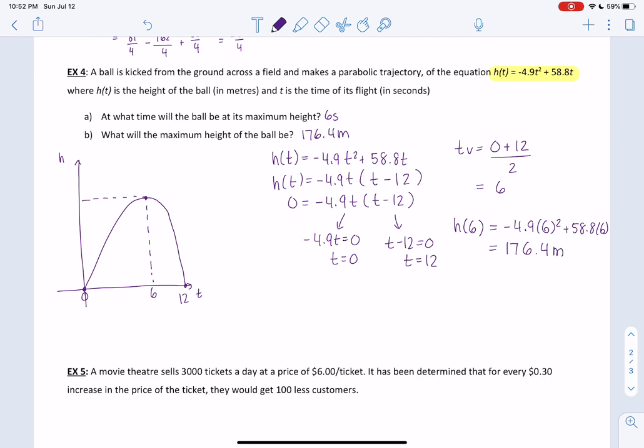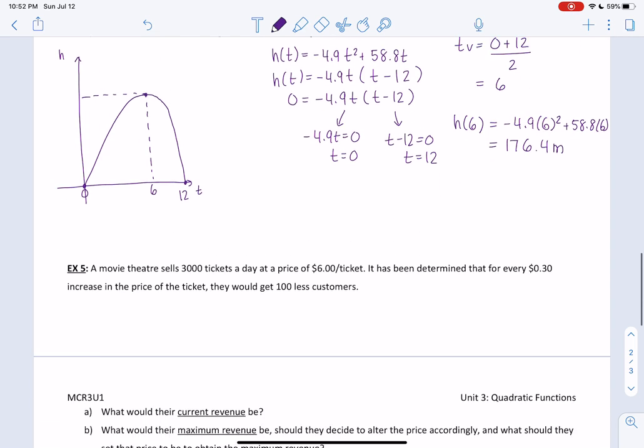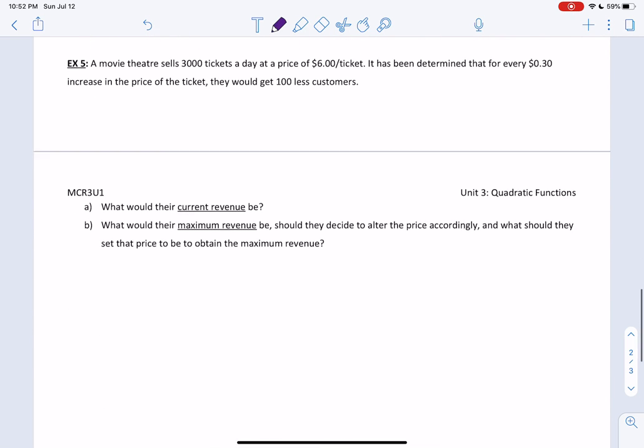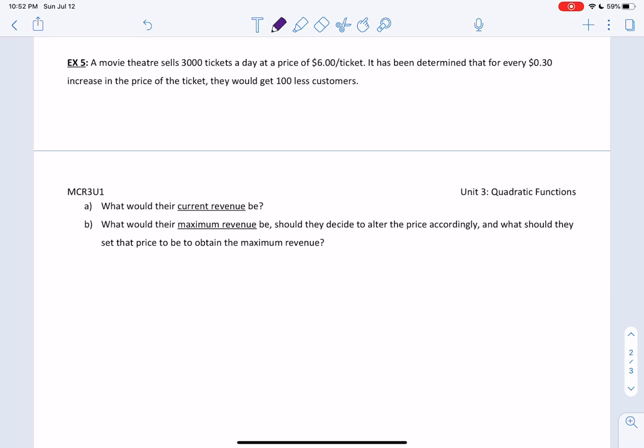Okay, one last example. A movie theater sells 3,000 tickets a day at a price of $6 a ticket. It has been determined that for every 30-cent increase in the price of the ticket, they would get 100 fewer customers. For the first part, we want to figure out what their current revenue would be.